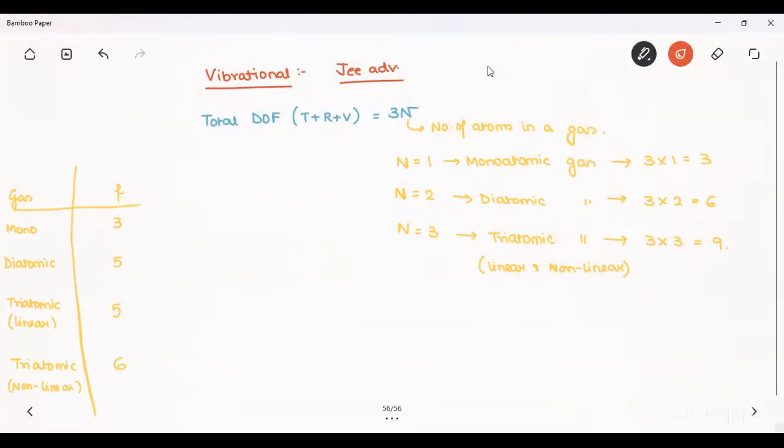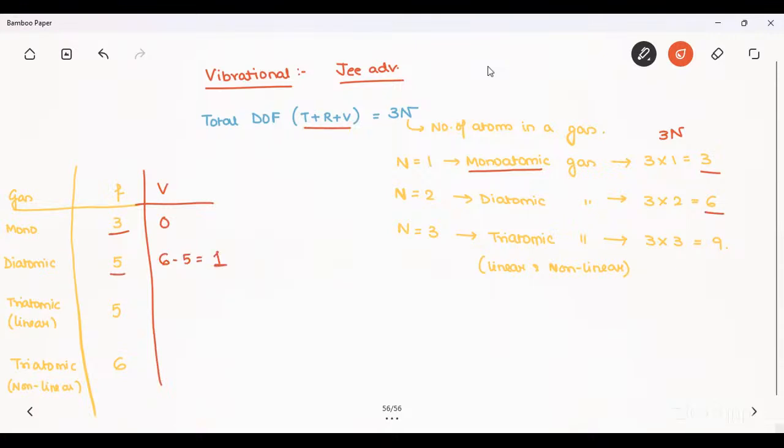See, from this calculation, what we got for monoatomic gas is 3. So it is 3 here also. So for monoatomic gas, how many vibrational degrees will be there? 0. Okay. For diatomic gas, by this formula, considering all, we are getting 6. But without considering vibration, we got 5. So how many vibrational? 6 minus 5, 1.